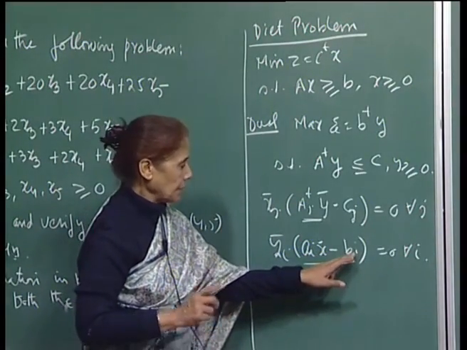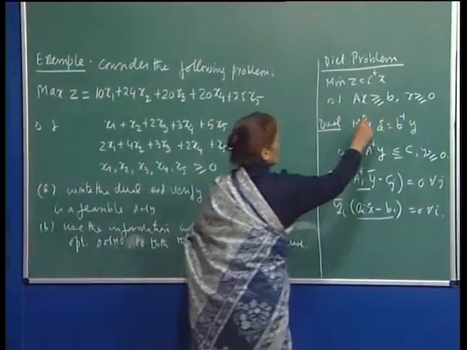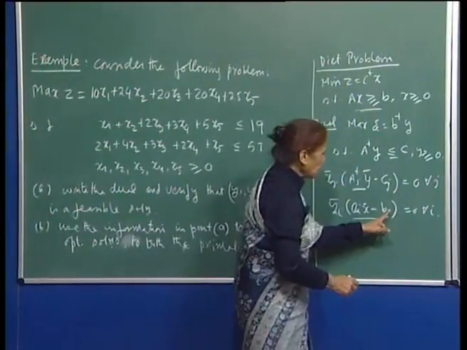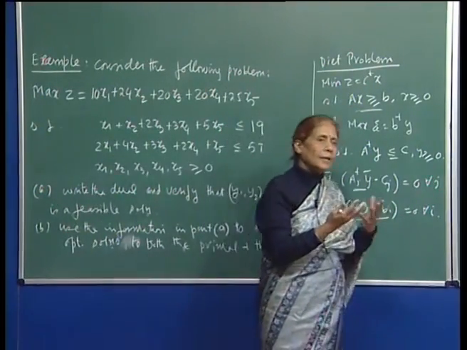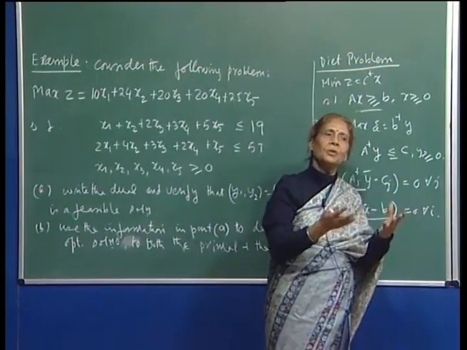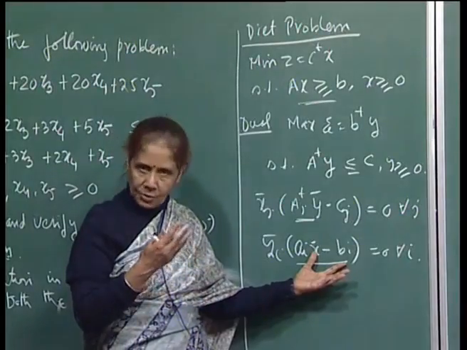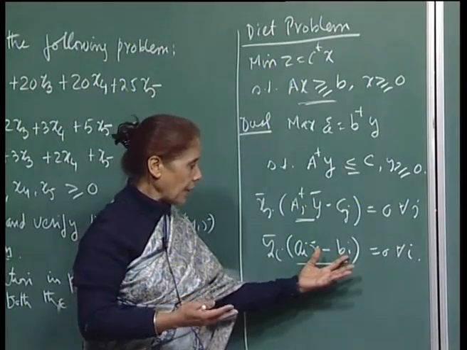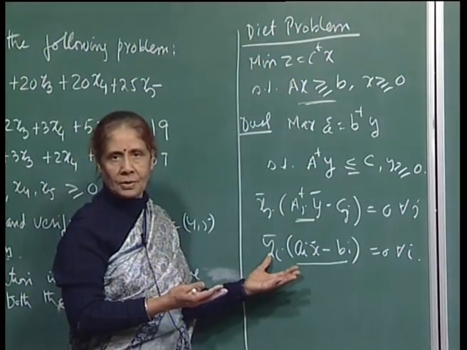If it is greater than b_i, then the corresponding y_i bar must be 0, because there is no value to that nutrient, since your diet already contains more than what is required. Therefore, the value of the corresponding dual variable is 0.